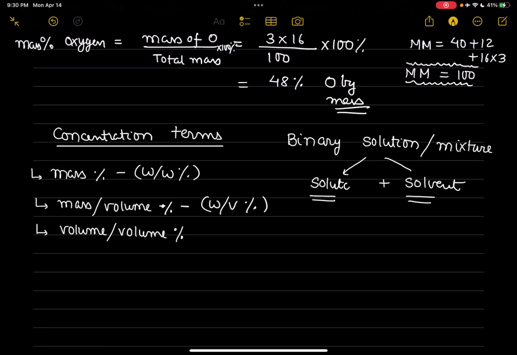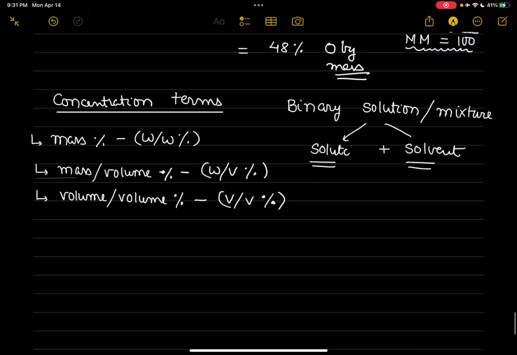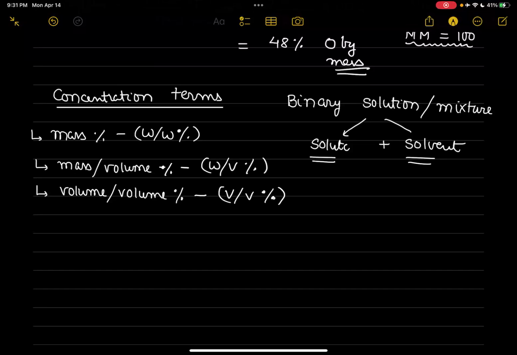This is how you represent them in short form. You will get into the meaning very quickly. Mass by volume, volume by volume, mass by mass percentages.